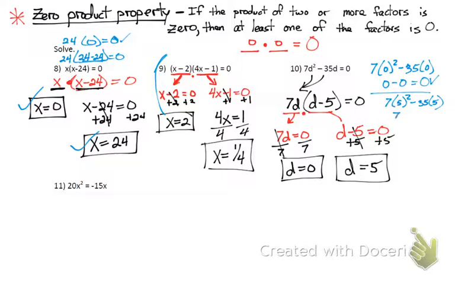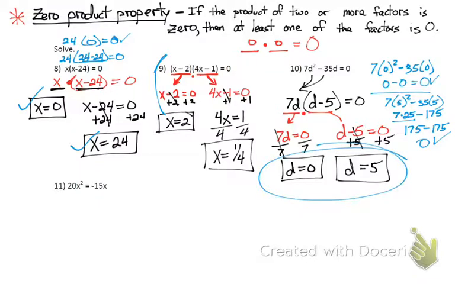Well, that's going to be 7 times 25 minus 35 times 5, which is 175. Then I need to do 7 times 25, which I'm hoping is 175. So I have 175 minus 175, which, yep, obviously equals 0. So that's why we get two answers on these problems, because two different things will make 0.